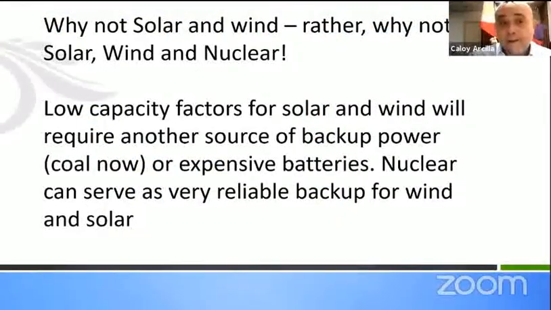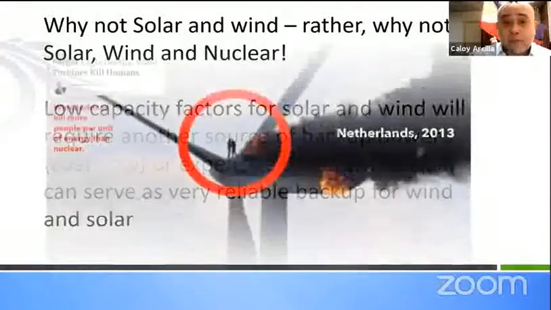This would mean that solar and wind would actually need backup plants, no? And typically that will be coal now, or expensive batteries. Nuclear can serve as a very reliable backup for wind and solar. So that's why I would rather frame it as why not solar, wind, and nuclear, because all three are almost carbon free, or have very low carbon footprints.